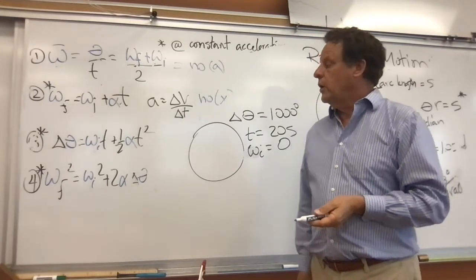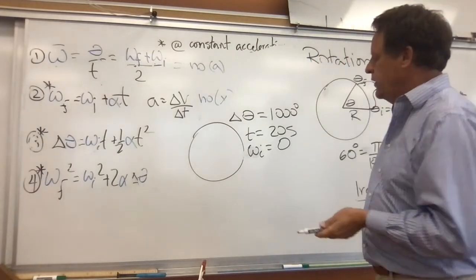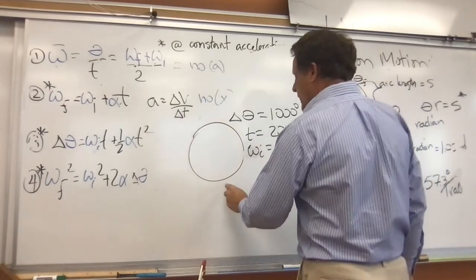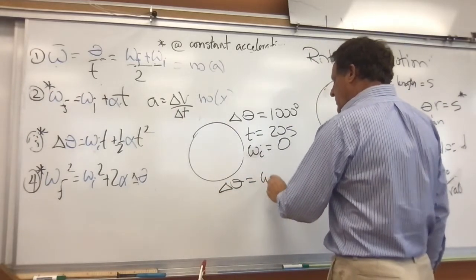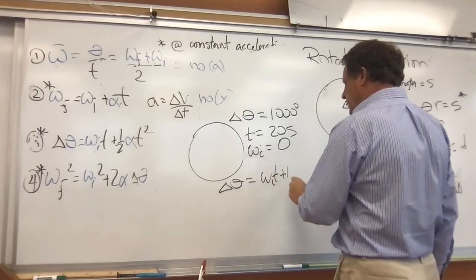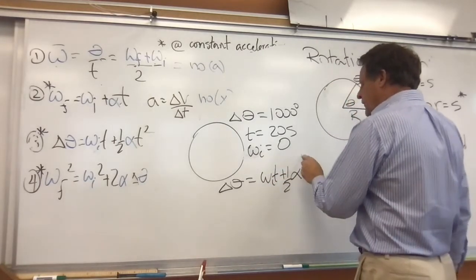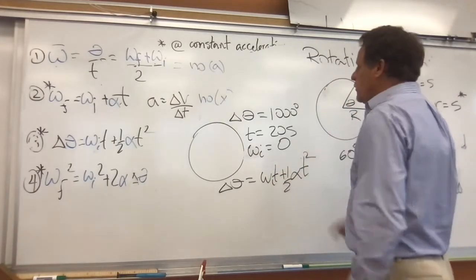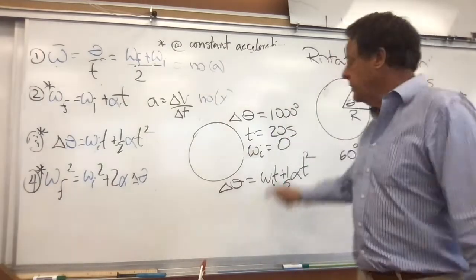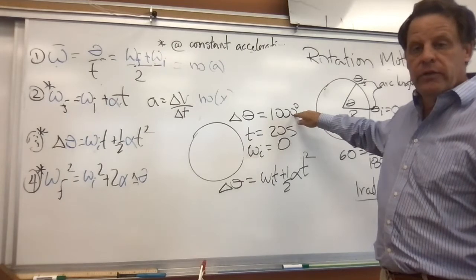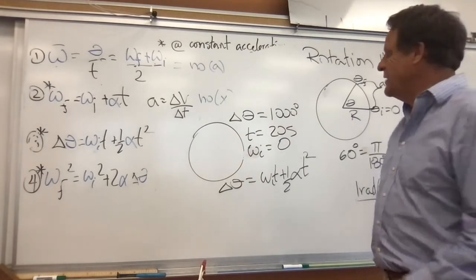If we have this, we might say delta theta is equal to omega initial t plus 1/2 alpha t squared. This is one place where you can get messed up. 1,000 degrees is not what we want. We want that in radians.